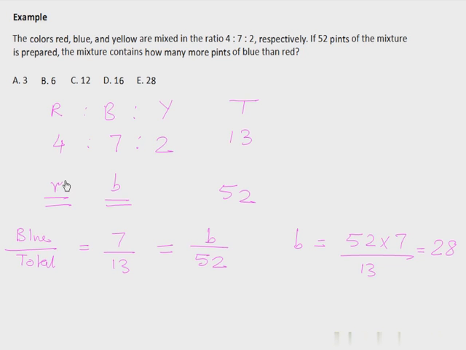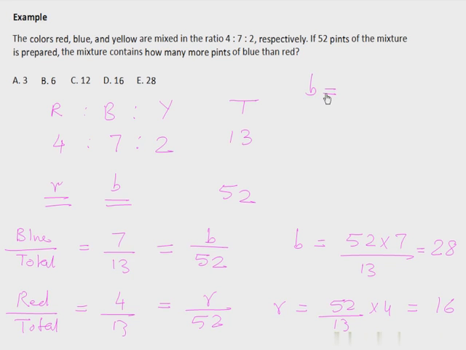How about the number of red pints? Red to total is given to me as 4:13. And now with 52 pints of the total and R as my unknown for the number of red pints, I get R over 52. So R works out to be 52 over 13 into 4 equal to 16.